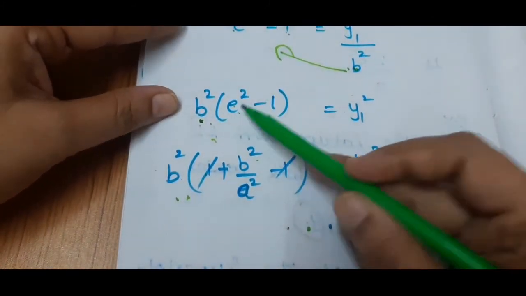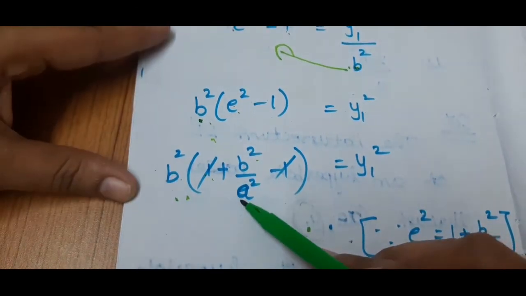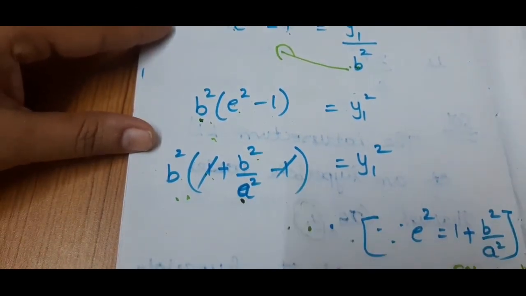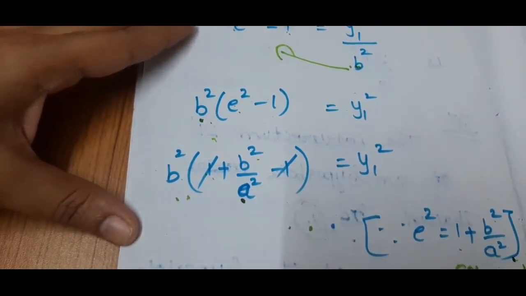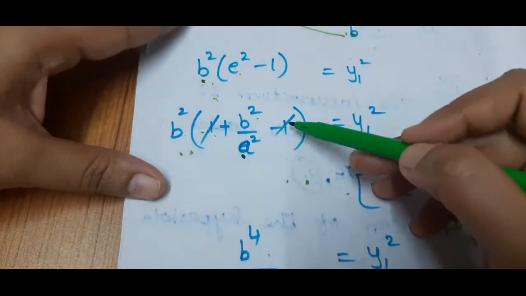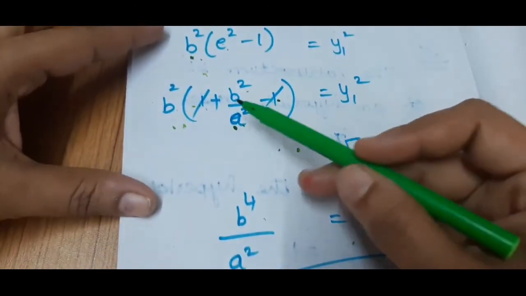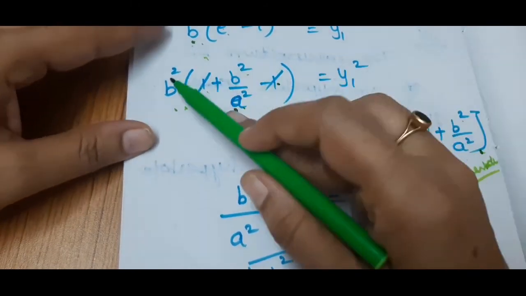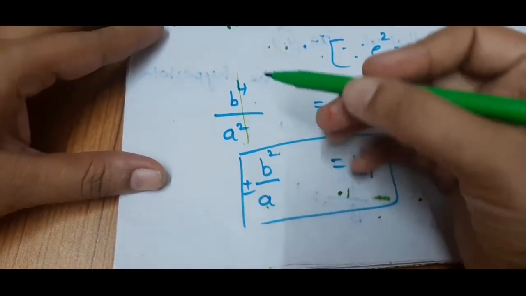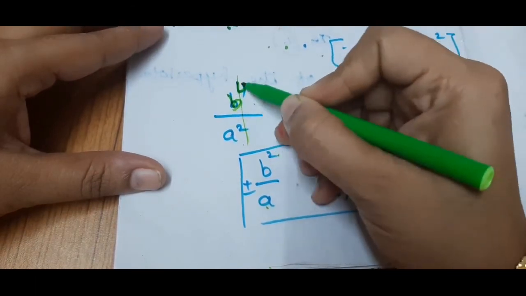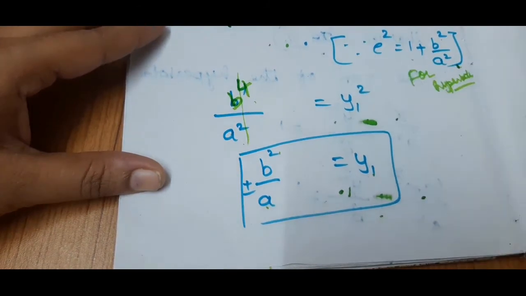So instead of e square I can substitute 1 plus b square by a square, because I know e square is 1 plus b square by a square for a hyperbola. So positive 1 and negative 1 will be cancelled. I will get b square by a square. So b square into b square by a square is b power 4 by a square, and that will be equal to y1 square.